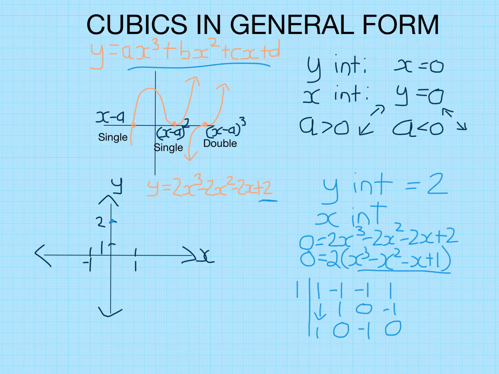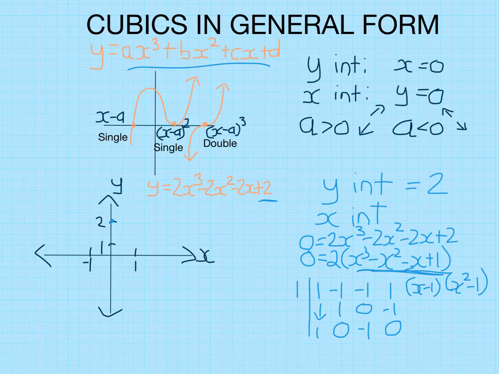So we've just calculated that we can write this cubic here as x minus 1, we already knew we had that factor, times x squared minus 1. Remember, these are the coefficients of the quadratic, so it's 1x squared, 0x, minus 1.